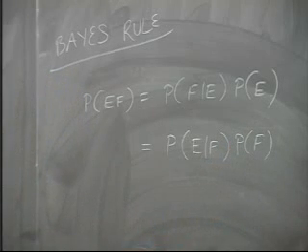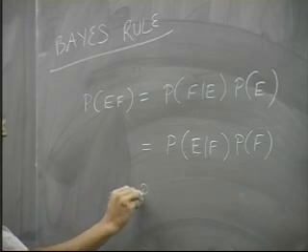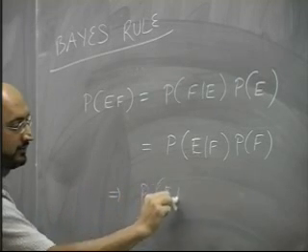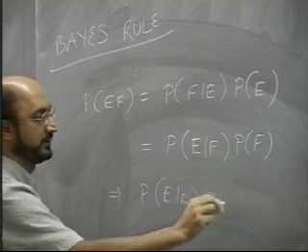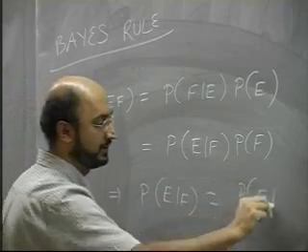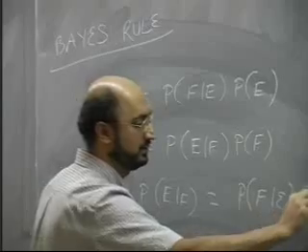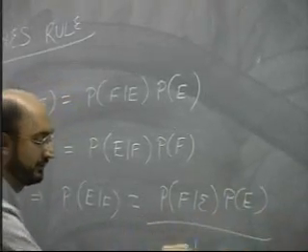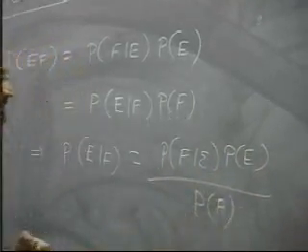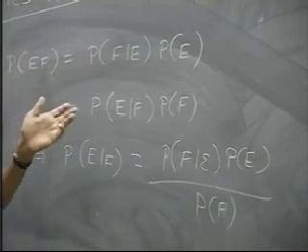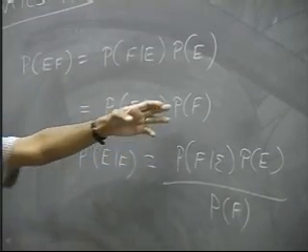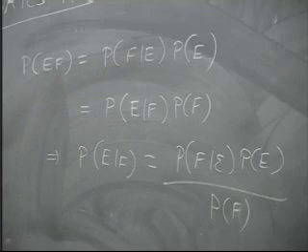It's just flipping the variables around, which means that P(E given F) is nothing more than P(F given E) P(E) over P(F). I'm just transposing this to the denominator over there. That's all I'm doing. So this is what's called Bayes' rule.